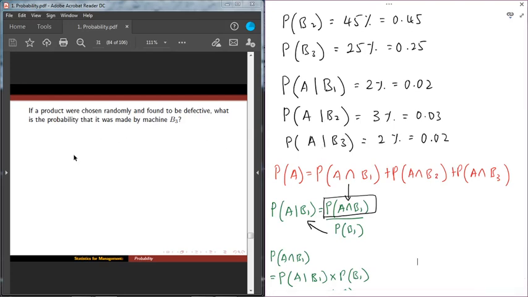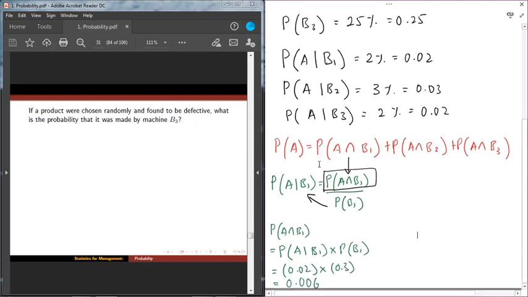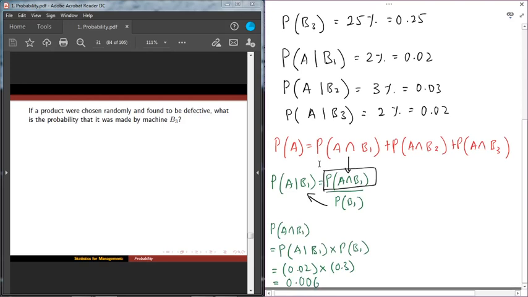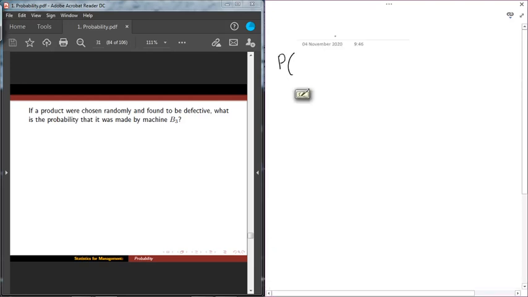If a product were chosen randomly and found to be defective first, which means this one comes first, what is the probability that it was made by B3?